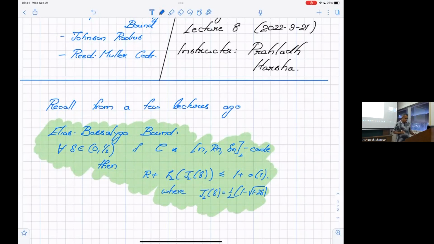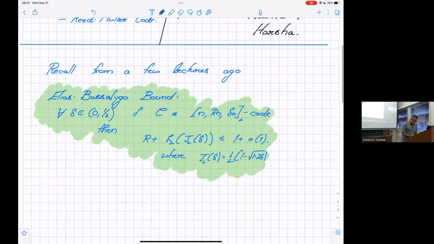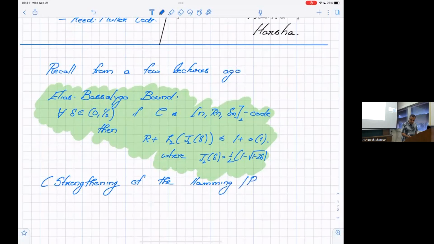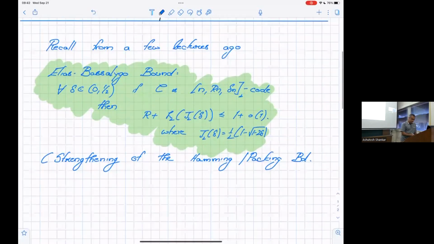The proof of this is a generalization, a strengthening, of the Hamming bound. What was the idea behind the Hamming bound?